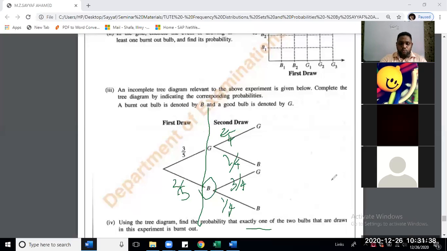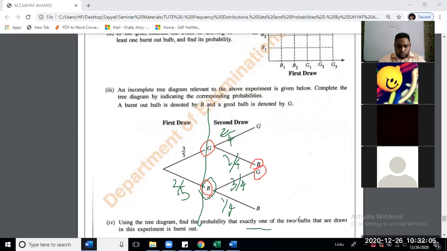So exactly one bulb has to be burnt out. Therefore, we have to go good and a burnt out, and burnt out and a good. Only these 2 branches are possible for us, because good and good can't be, so exactly one of the 2 bulbs is burnt out.